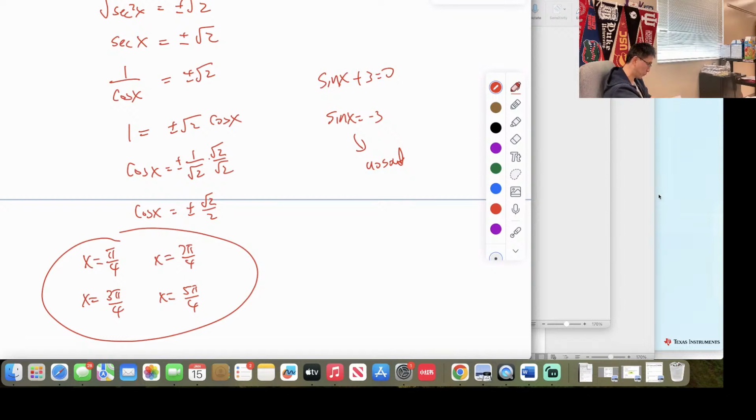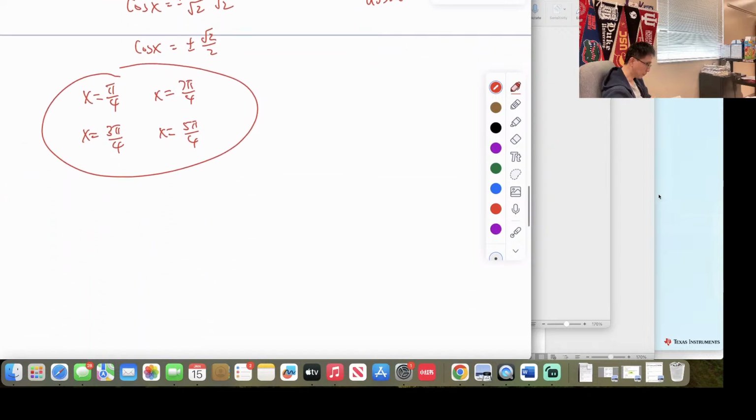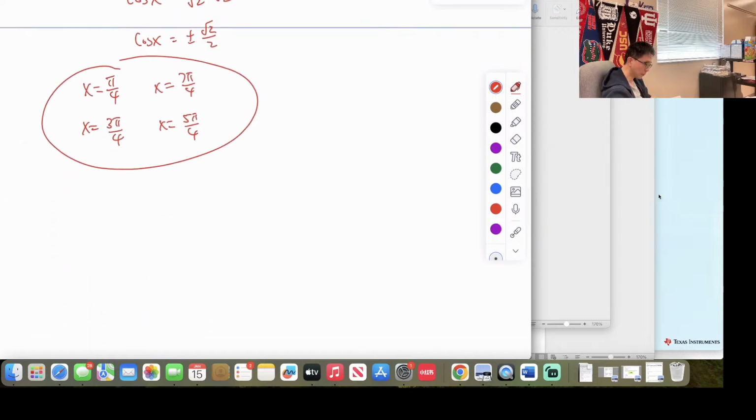Wait, wasn't that applied to cosine? Yes. Plus or minus 1? Mm-hmm. Maybe they closed it. They did it wrong. All right, why don't you solve this one?